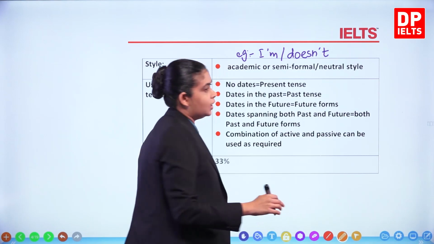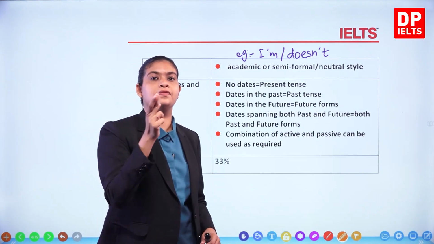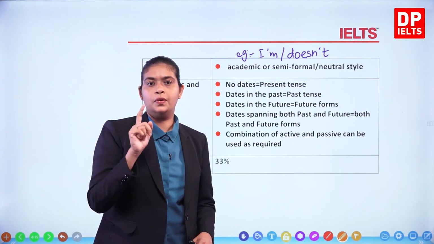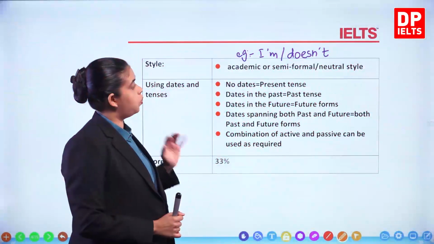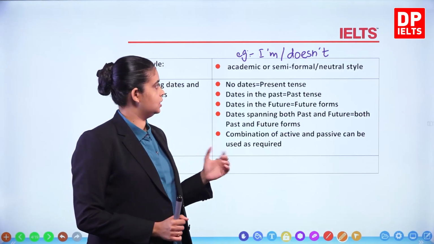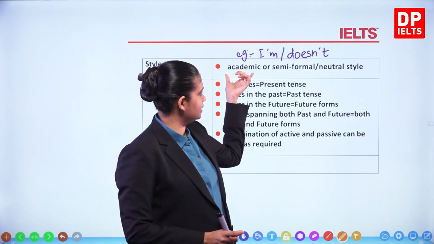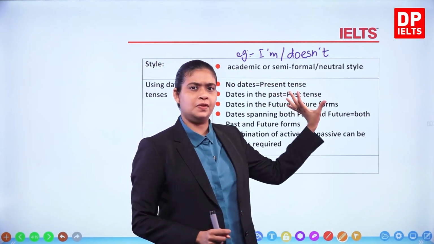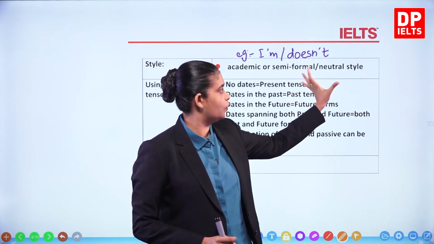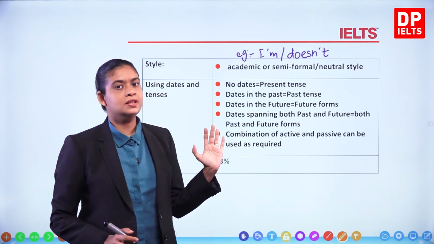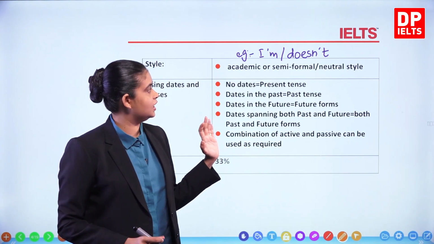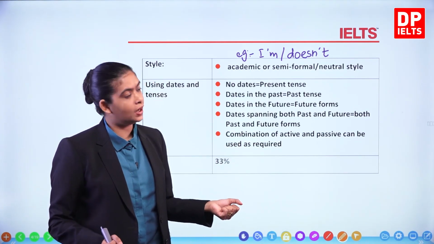Okay? You cannot have contracted forms, right? You can have I am, does not. So what you can have here is the academic writing style. You could have a bit of semi-formal writing style or the neutral style, okay? You cannot have an informal style of writing.